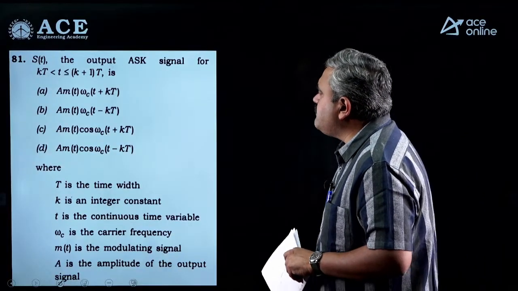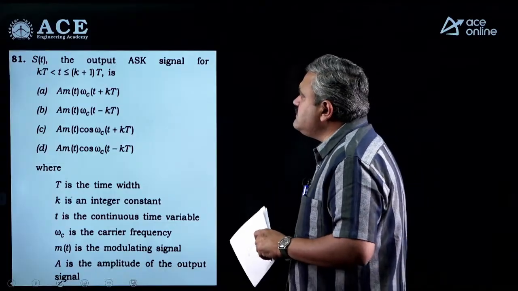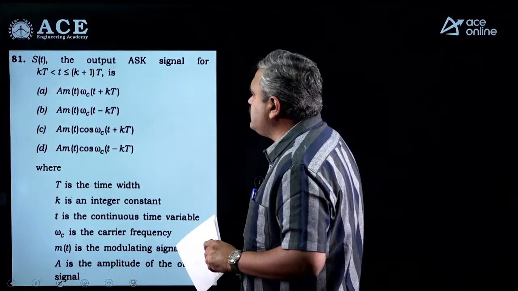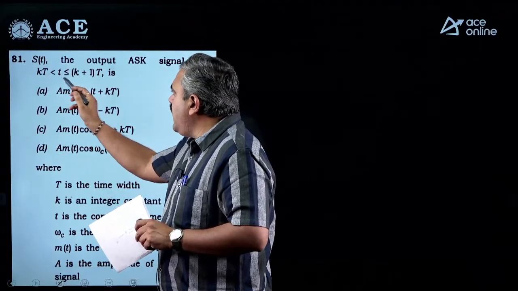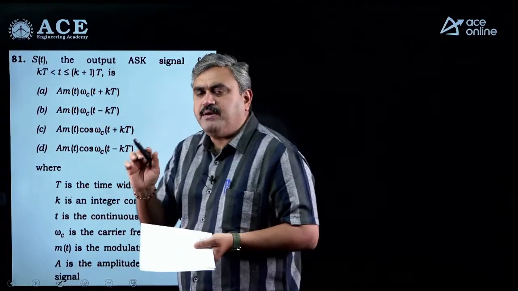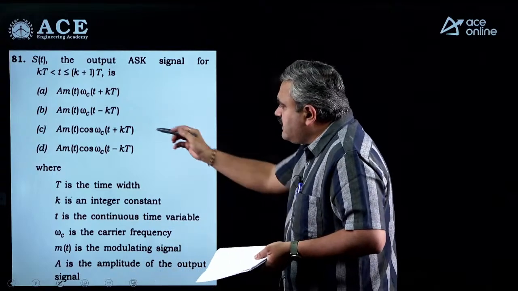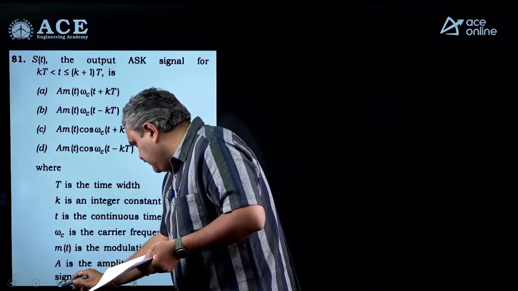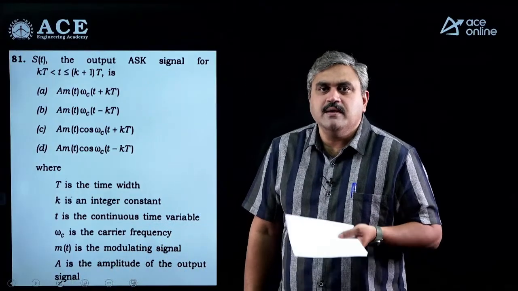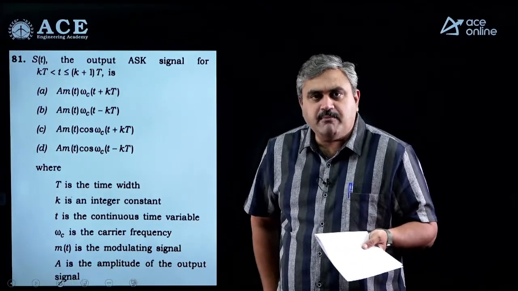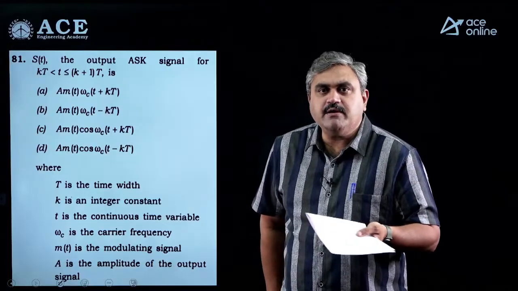Output of ASK, ASK means amplitude shift keying, is given in 1 bit duration. You can see here k is an integer value, so it will be between t and kt, means 1 bit duration. So what are the possible representations? In this type of questions, try to eliminate wrong answers. What is ASK? Message signal, it can be m of t or bk, multiplied by carrier signal.